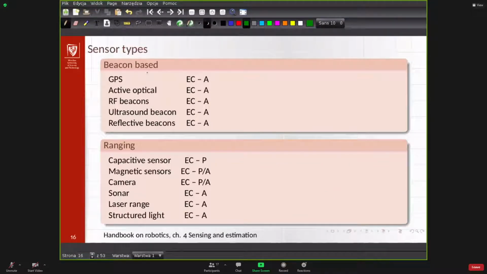Then the sensors that are measuring the position of the robot with respect to certain beacons. Beacons are the sources of some emissions. So, for example, in GPS, you have the satellites that emit a signal. The robot receives the signal.